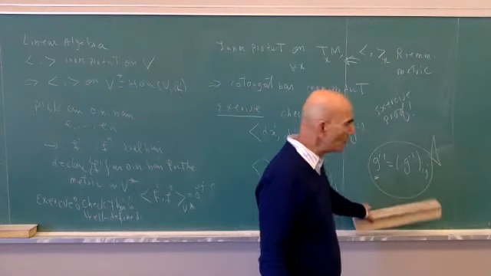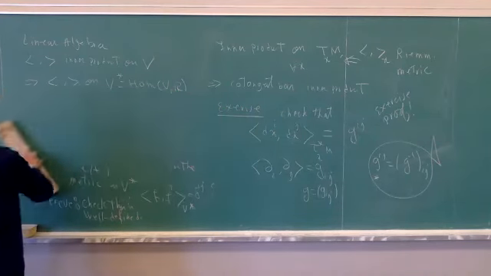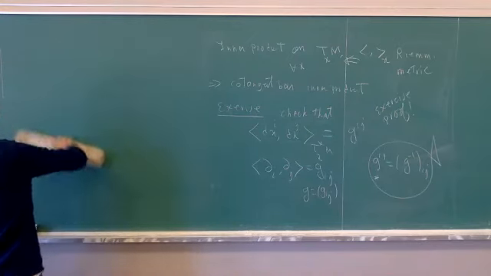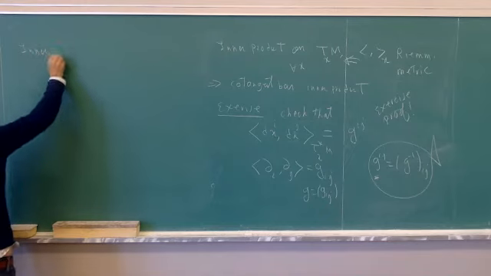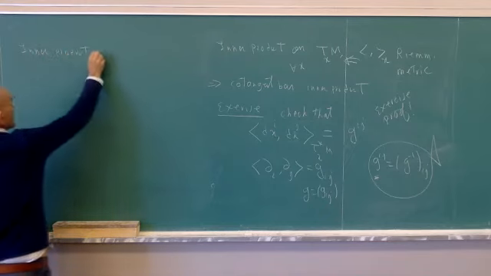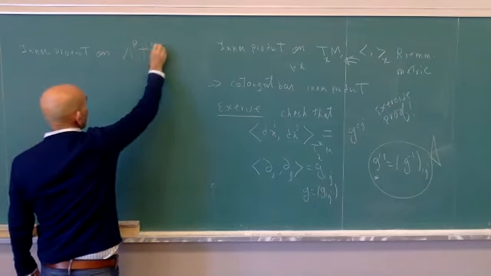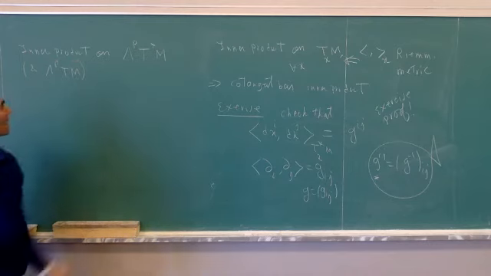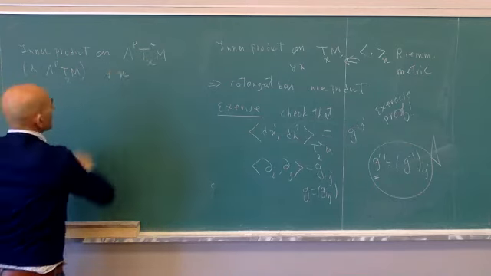So now I can use this inner product to define an inner product on wedge P of T star, and of course, wedge P of T, at x, for all x.